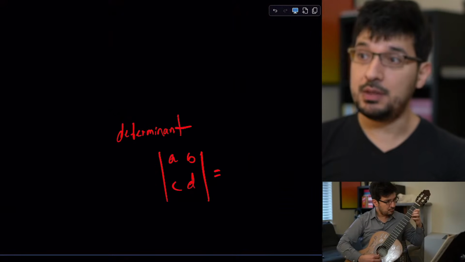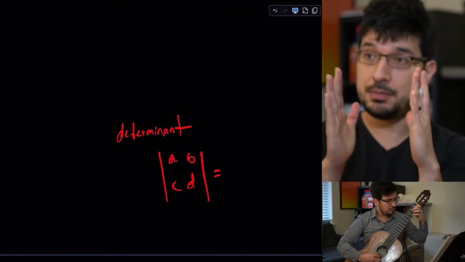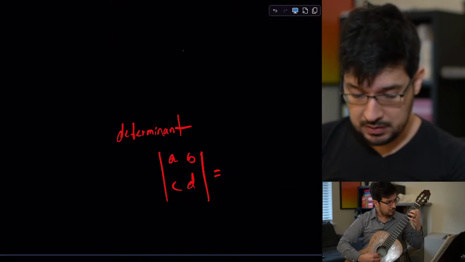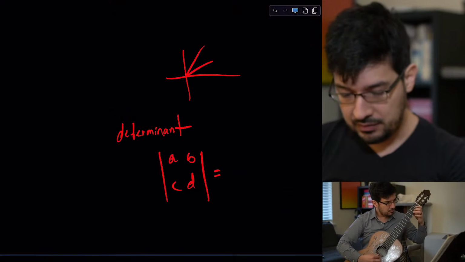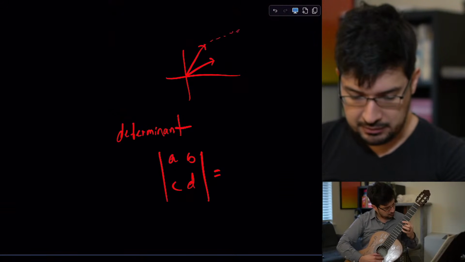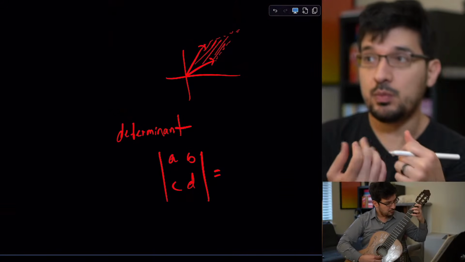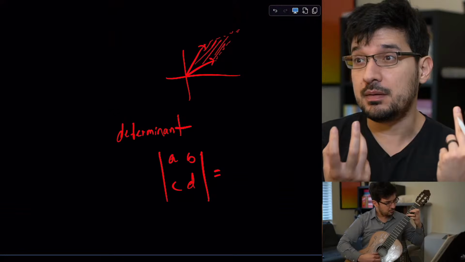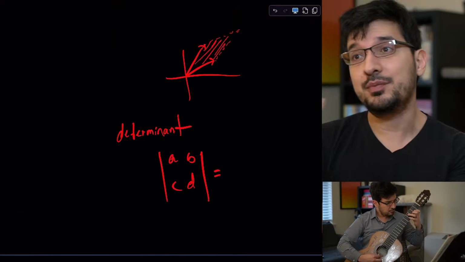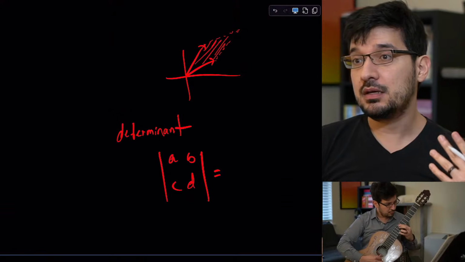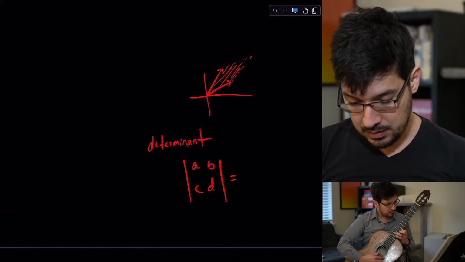These symbols, where I'm drawing two vertical bars and four numbers inside, are finding the area of a parallelogram that is spanned by those two vectors. That's the intuition. That's where this idea comes from initially. And then we use it. We find a lot of other nice properties about it as well.